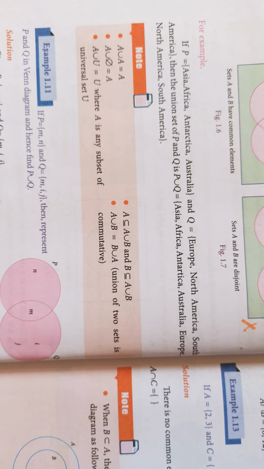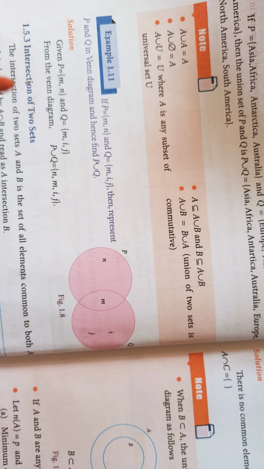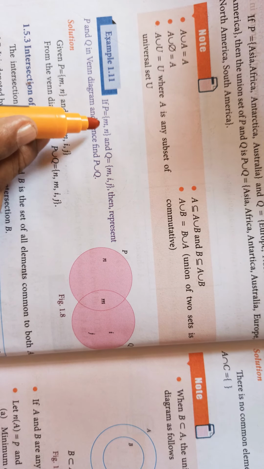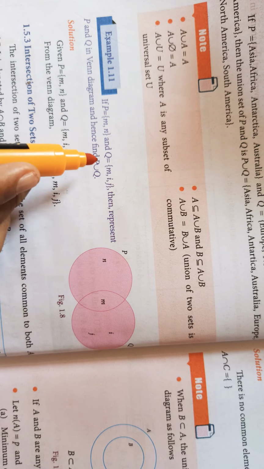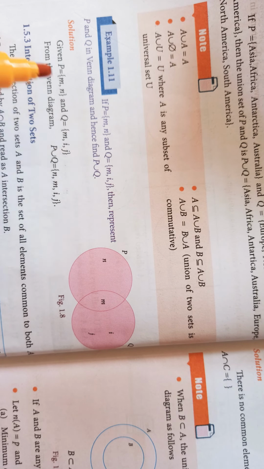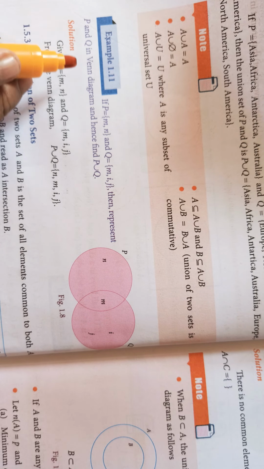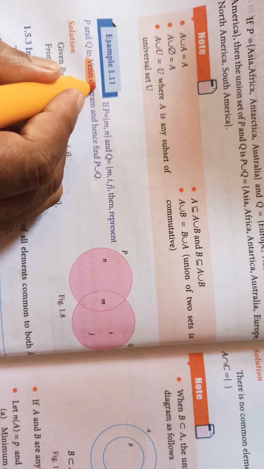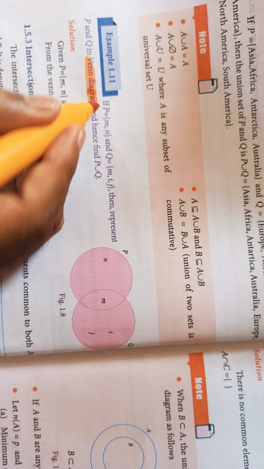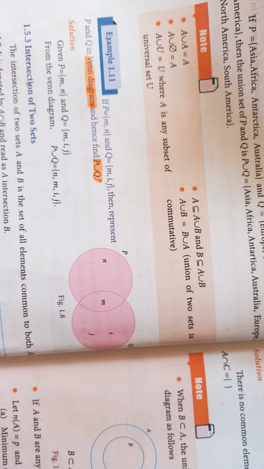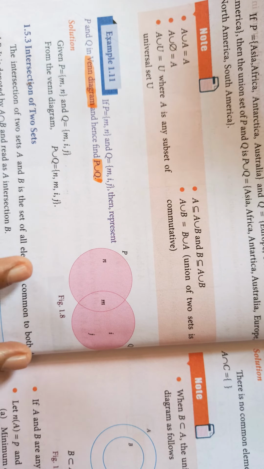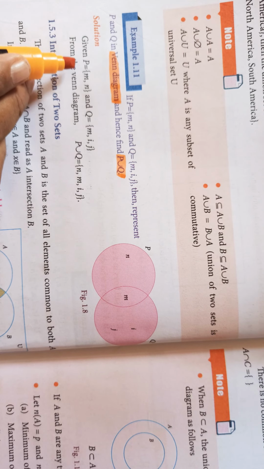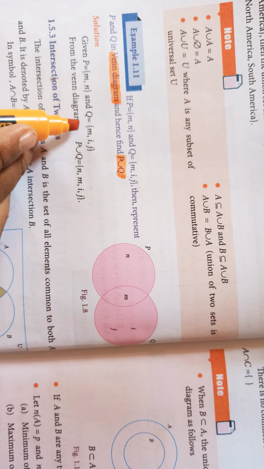For more precision, you can see example number 1.11. As you can see, P contains the elements M and N, and Q contains the elements M, I, J. They said you need to do the representation in a Venn diagram, and you need to find P union Q. First we write P as it is, and we write Q as it is.